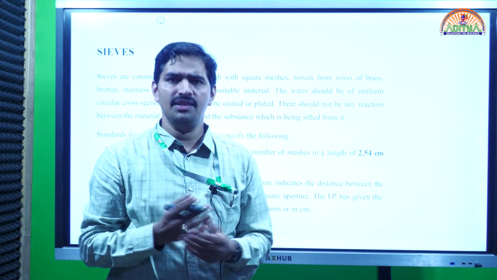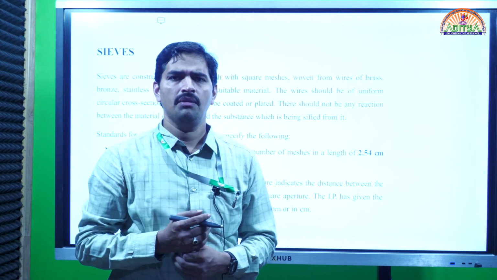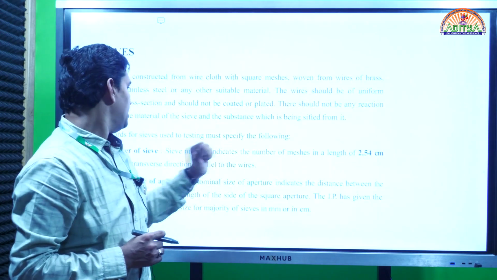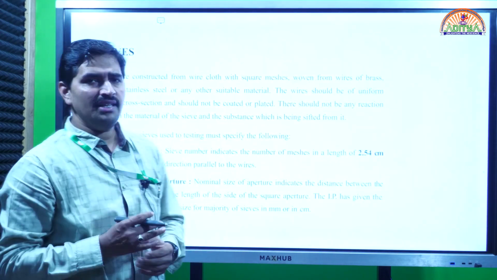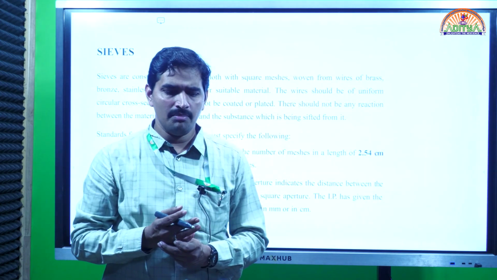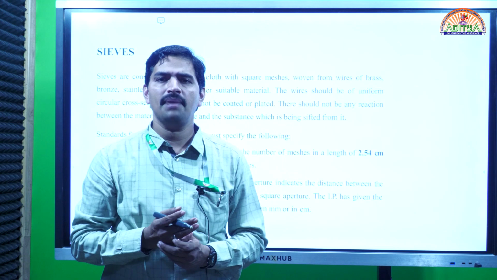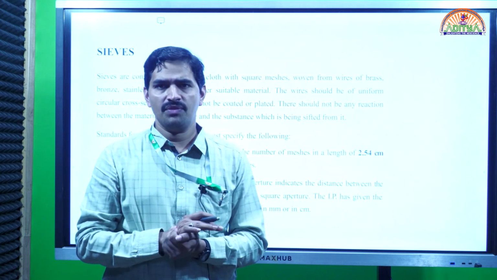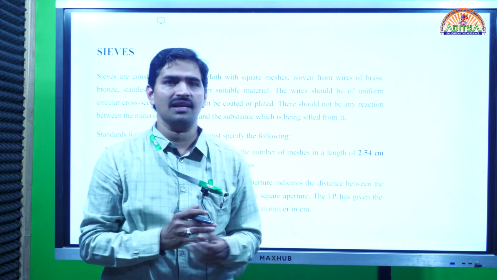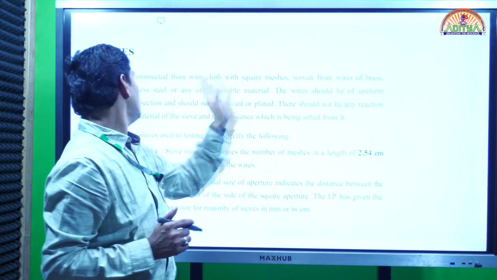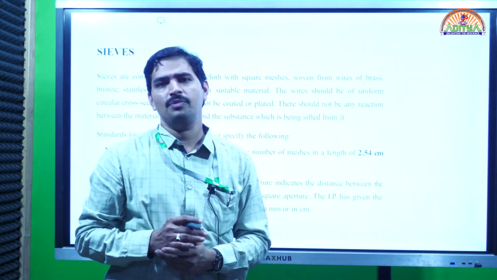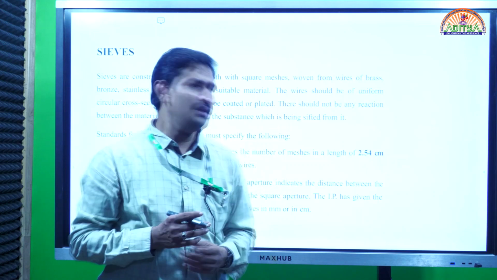By using these sieves we are going to separate the different kinds of particles. Generally these sieves are prepared from a material of construction, and the material of construction should not be incompatible with the material which we are passing through it. That's why cloth, brass, bronze, and stainless steel, such less reactive materials, we choose to prepare the sieves.